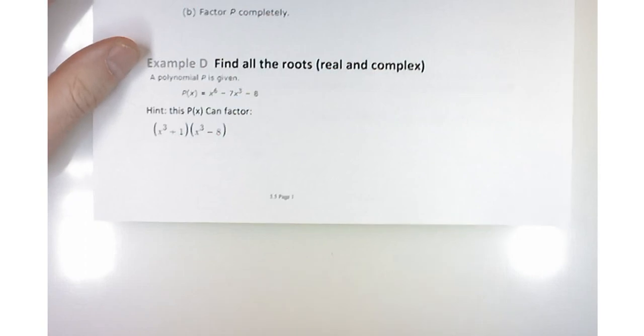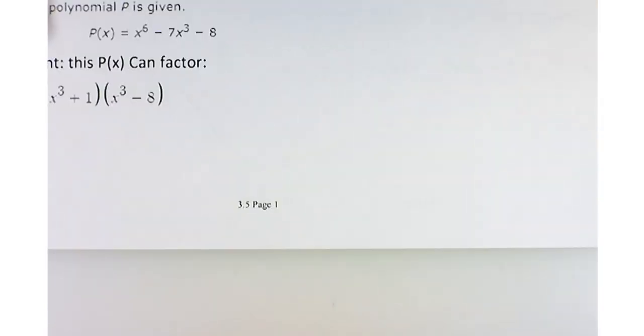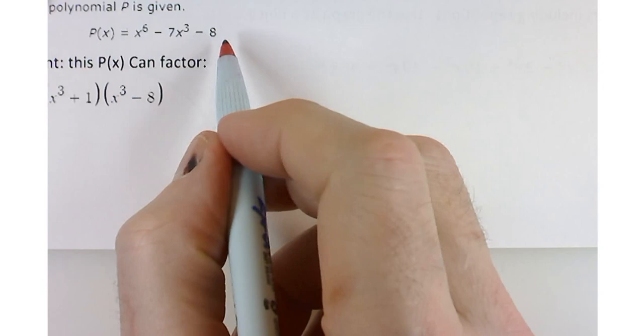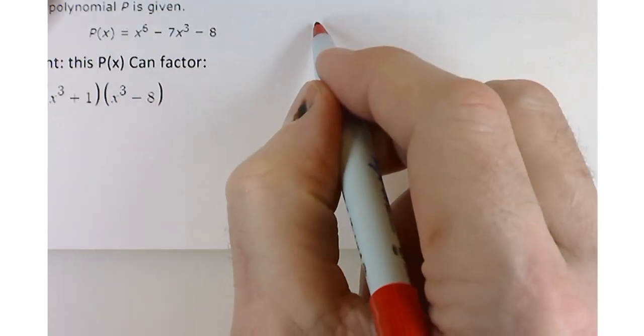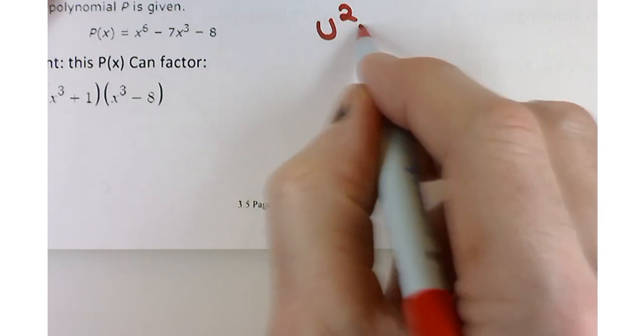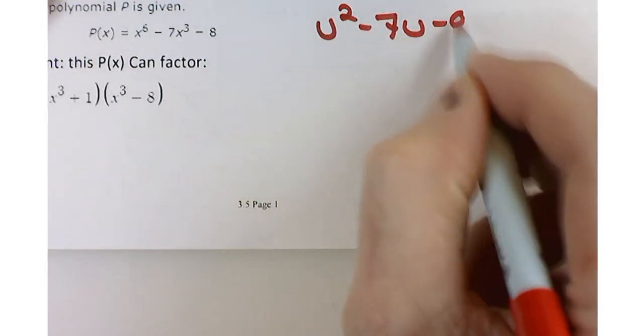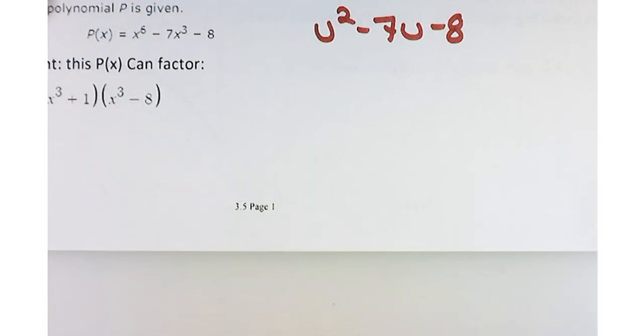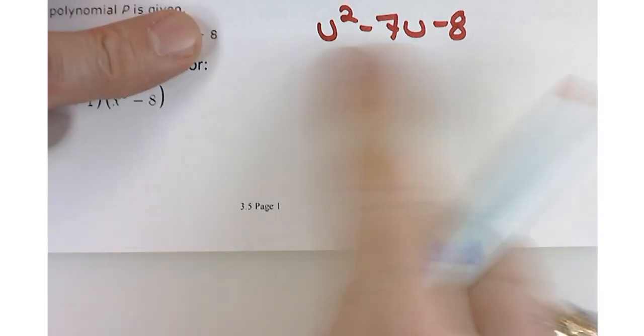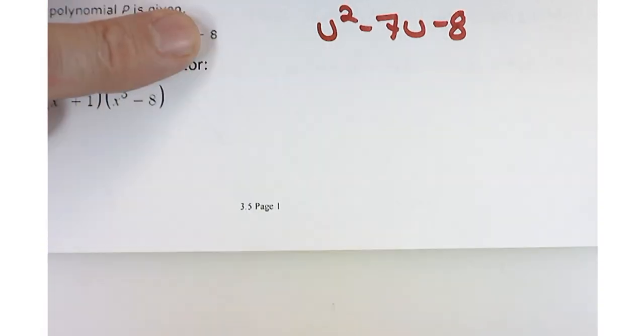If you take a look at this, this might remind you of something that we did in intermediate algebra. And we had things that were quadratic in form. Let me just look for a minute. Instead of looking at this, let me look at u squared minus 7u minus 8. All right, that looks a little bit more user-friendly than this.